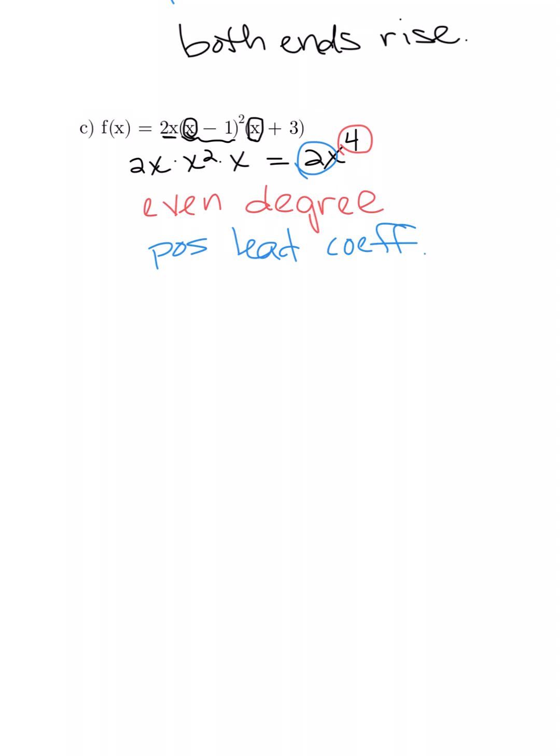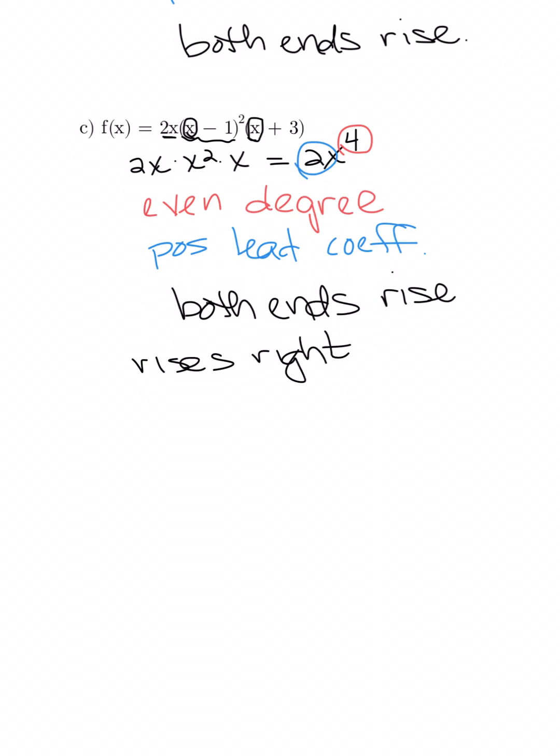When this happens, that means that it rises on both ends. In ALEKS, they will write it as rises, right, rises, left. You need to recognize that that means the same thing.